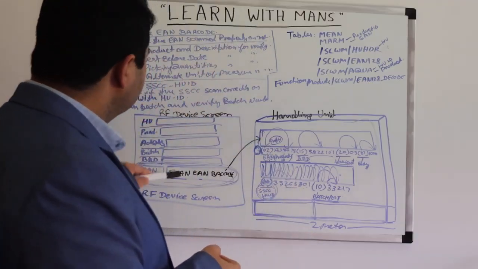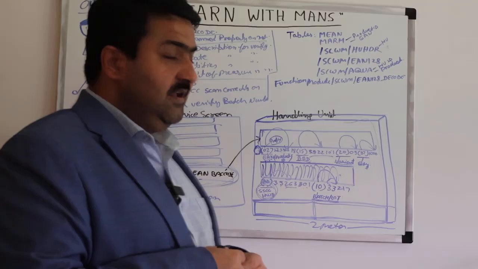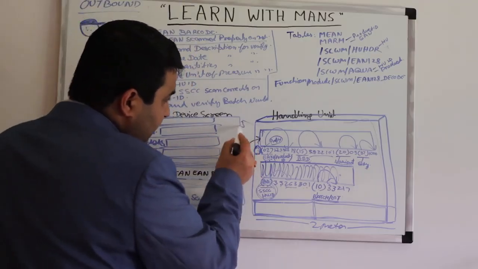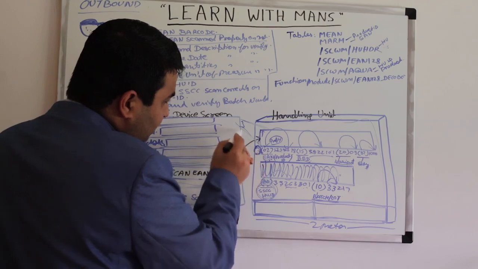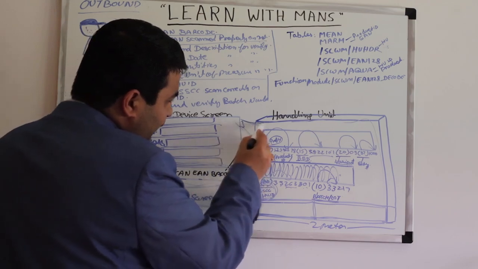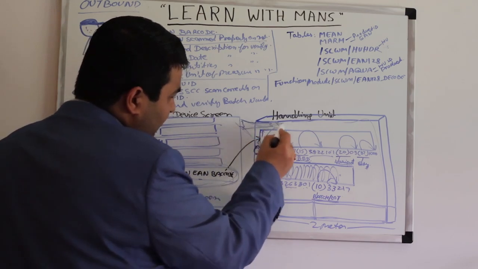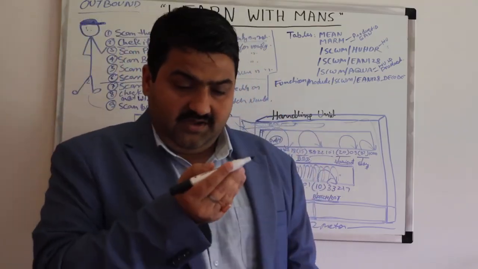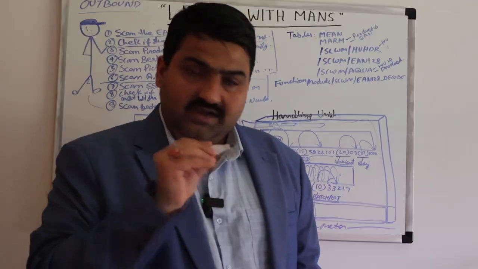So the warehouse workers check, because sometimes what happens, suppose this is the RF machine, it goes scanning here, and sometimes by mistake this beam goes to another area to scan blank space. Then he will check, oh, I got an error, I need to scan that again.